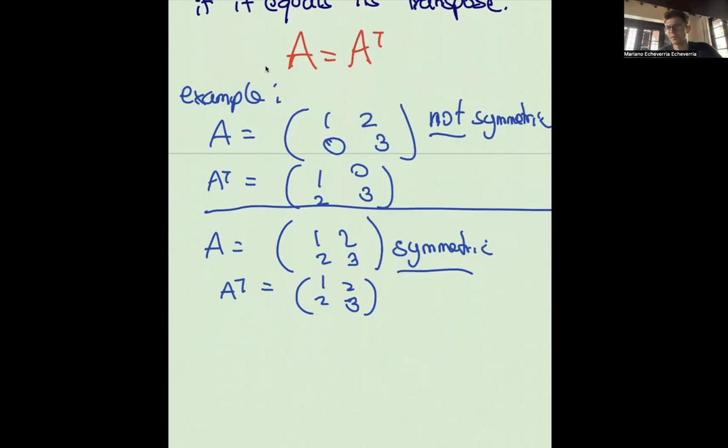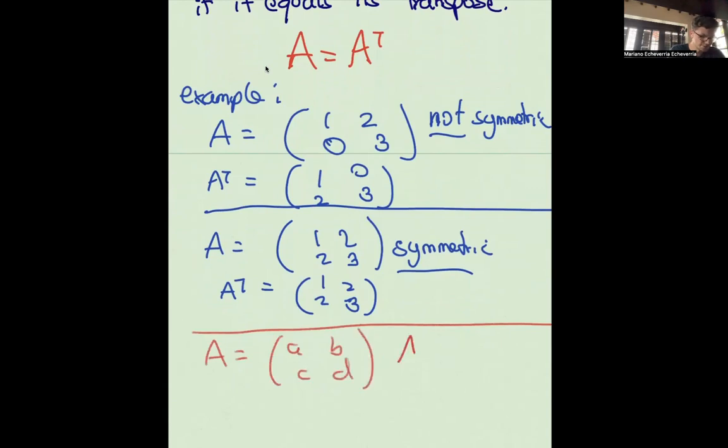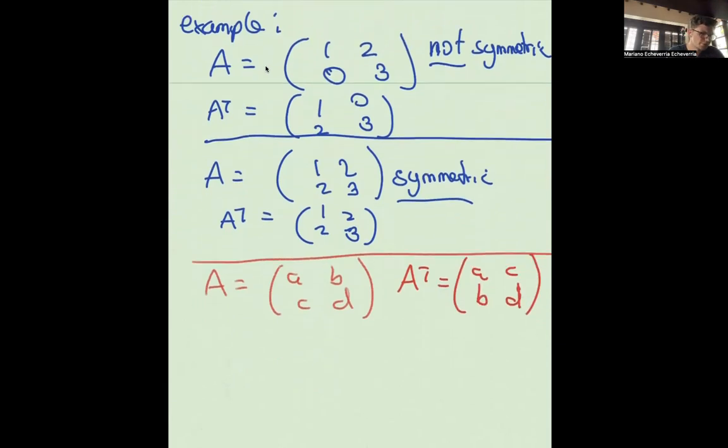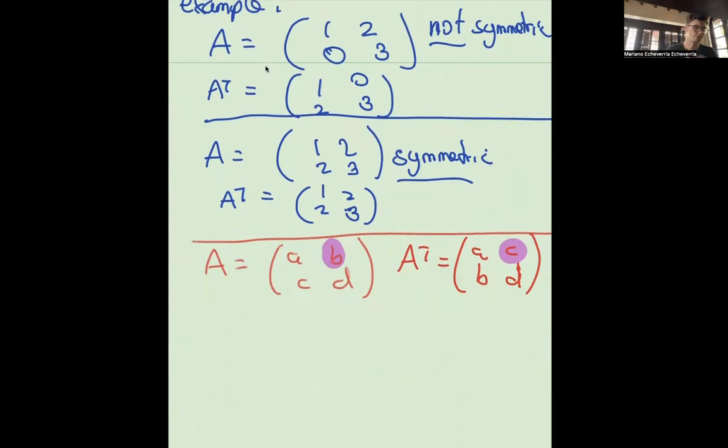In fact, all the 2x2 symmetric matrices are pretty easy to describe, right? Imagine that A is [A, B; C, D]. What is A transpose? In general it would be [A, C; B, D]. If you want the two to agree, this is already fine, this is already fine. The only problem is that this number should match this number. So a symmetric matrix in the 2x2 case is just one where the entries outside the diagonal are the same.